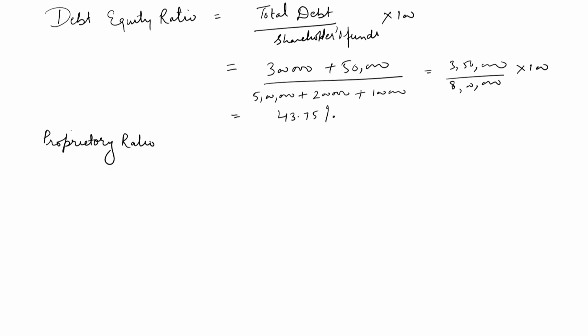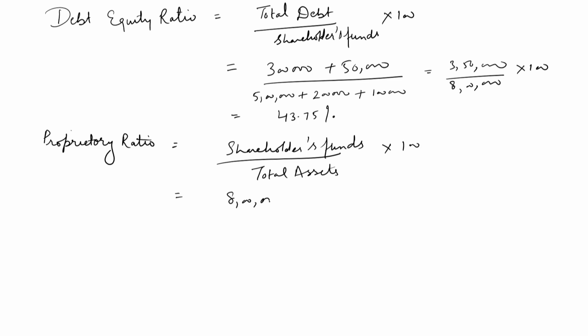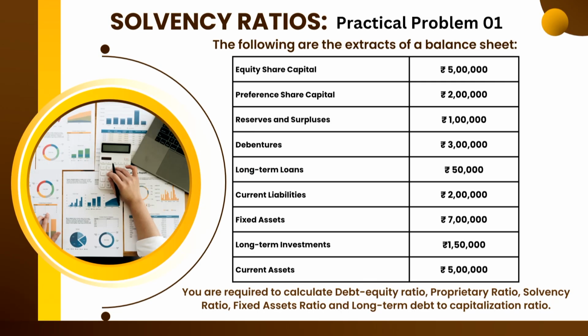the formula of the proprietary ratio is shareholders funds upon total assets, where the shareholders funds, as we calculated earlier, amounting to rupees 8 lakhs, upon the total assets of the company, which is given as 7 lakh fixed assets, 1,50,000 of long term investments and current assets amounting to rupees 5 lakh.